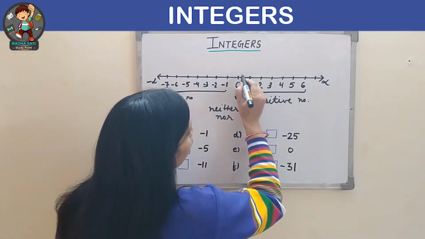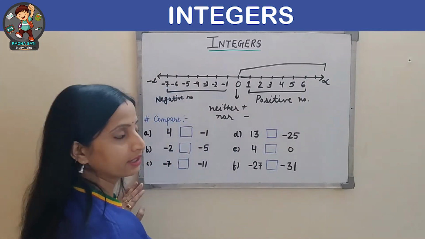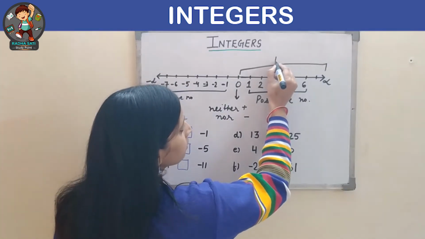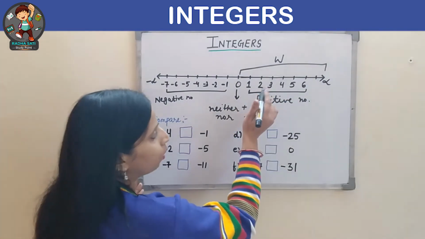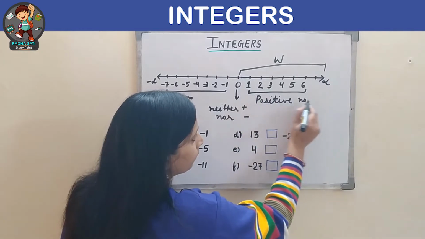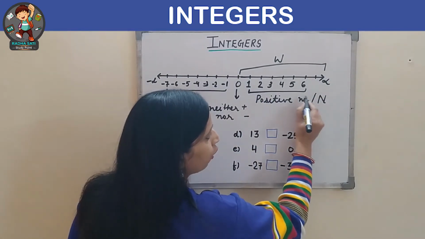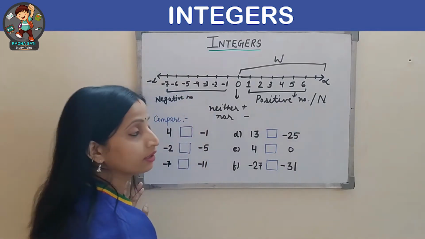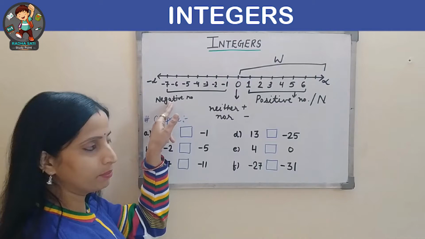Okay. Now from 0 till infinity, these all are whole numbers. We can use the sign W. And inside these whole numbers, the numbers from 1 till infinity or the positive numbers, also known as natural numbers, we can use N for this. Now these numbers are negative numbers.